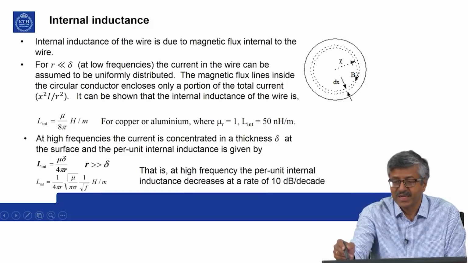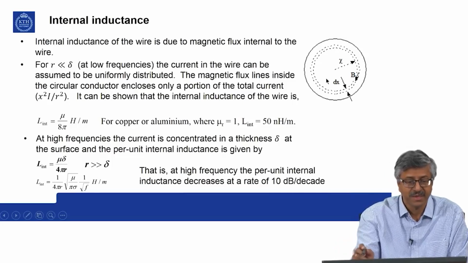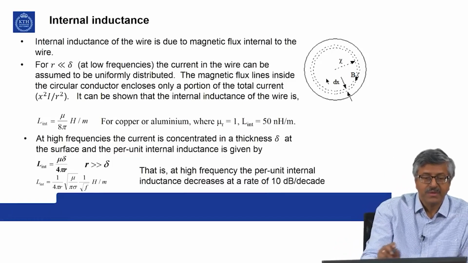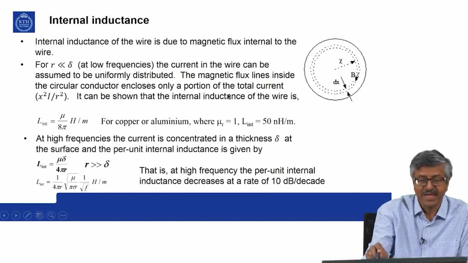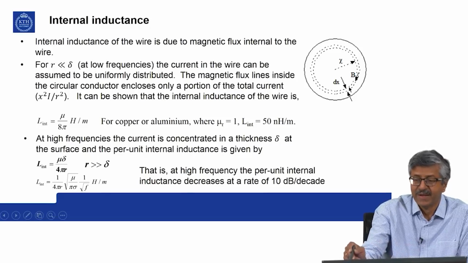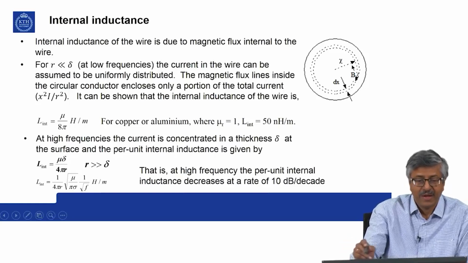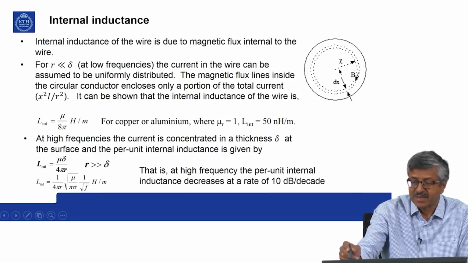If you take a ring at a distance x having a flux B like this, you see that for low frequencies the current in the wire can be assumed to be uniformly distributed, and the magnetic flux lines inside the circular conductor enclose only a portion of the total current, and that portion is proportional to pi x squared, this area, whereas the total current is proportional to the area pi r squared.